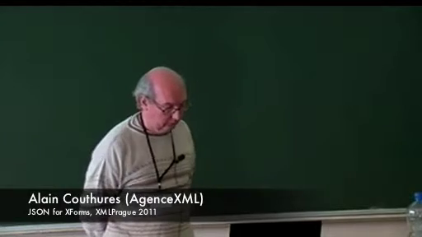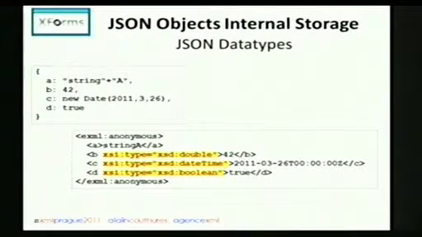So, this is a more complex JSON example. With JSON, you can even have expressions to be evaluated, such as string plus A. This cannot be memorized, I'll say, in XML.